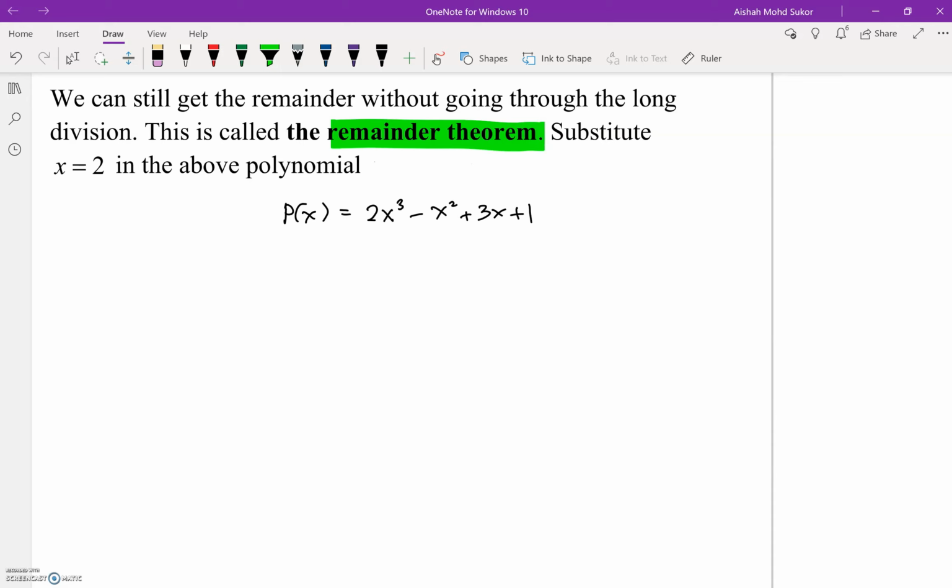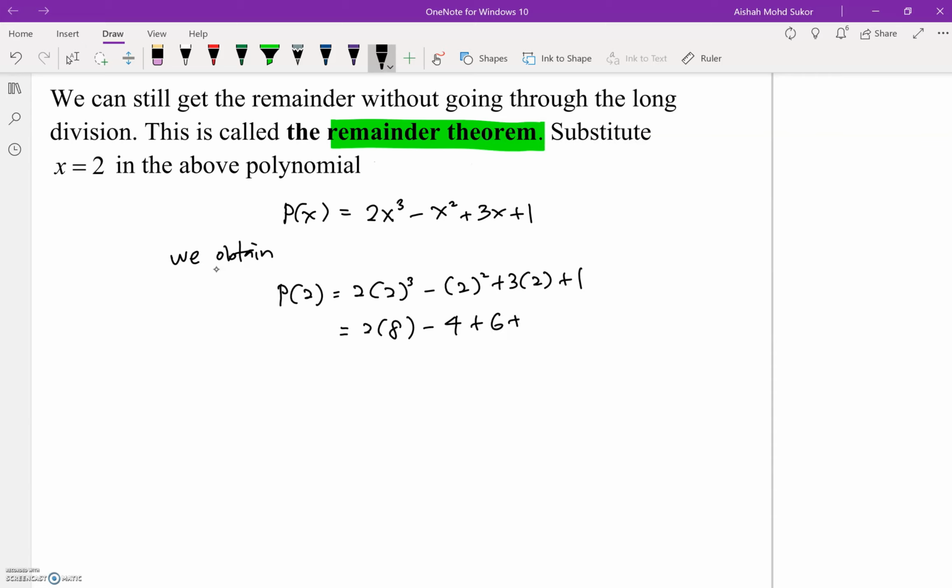We substitute x equals 2 in the above polynomial and we obtain the remainder. So this is called the remainder theorem.